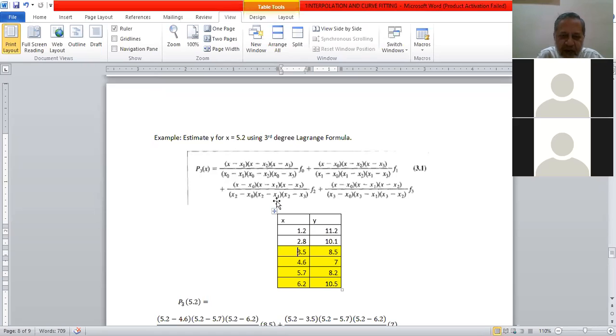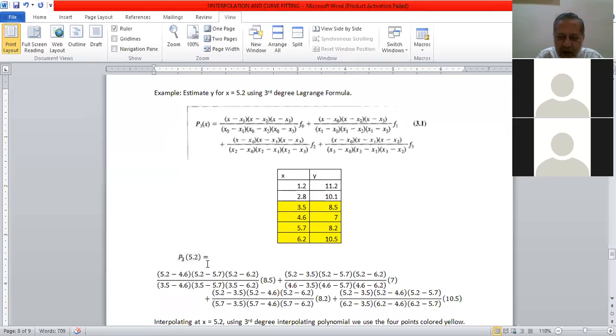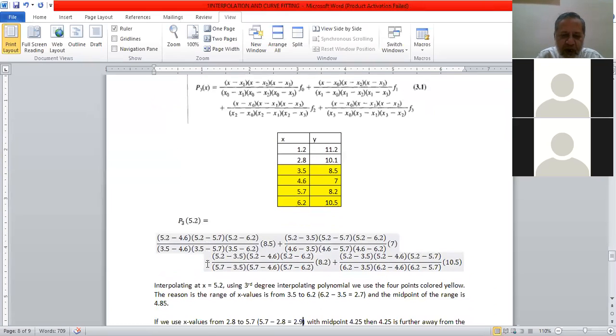All these values are substituted in this formula. When you put all these values in for 5.2, you can calculate this using your calculator, or you can use an Excel sheet.